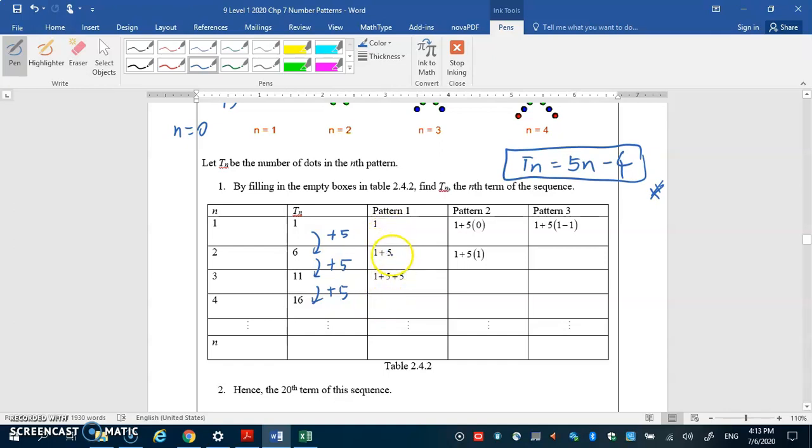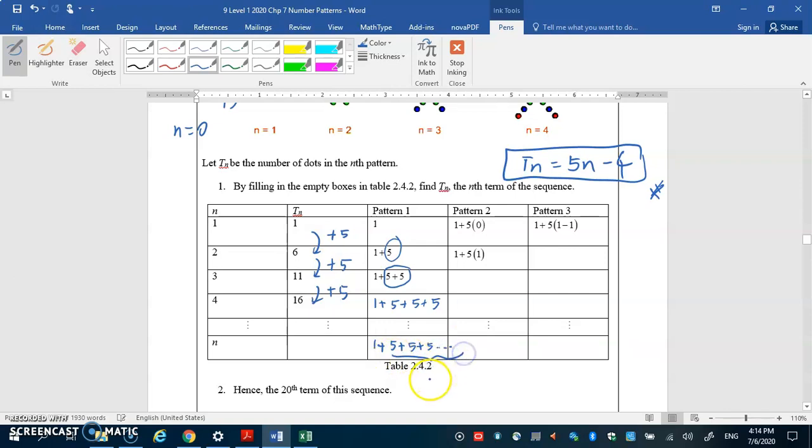For n equals 2, you have to add 5 one time. For n equals 3, you add 5 two times. When n equals 4, you will add 5 three times, and so on and so forth. Okay, so when n equals n, basically the nth term, you have to keep adding how many 5s?